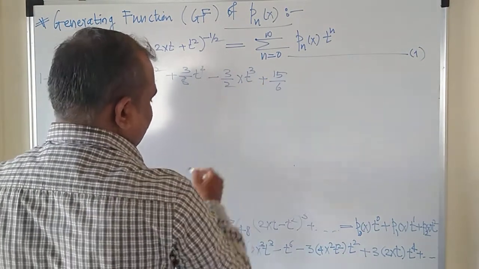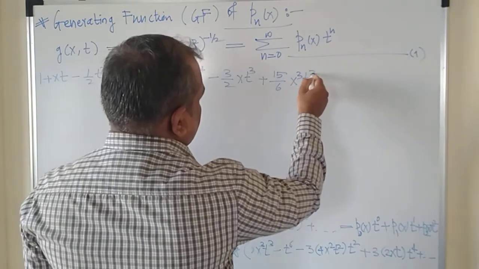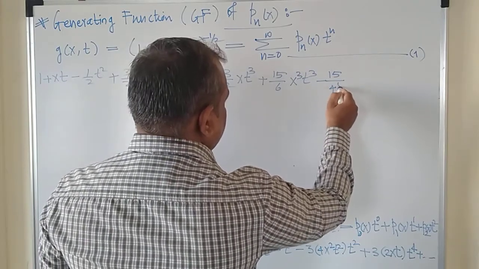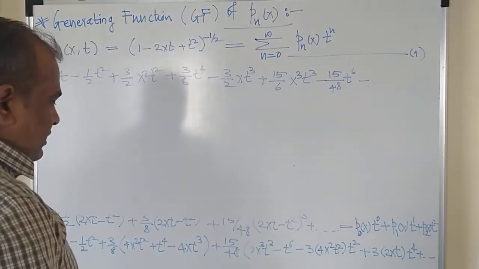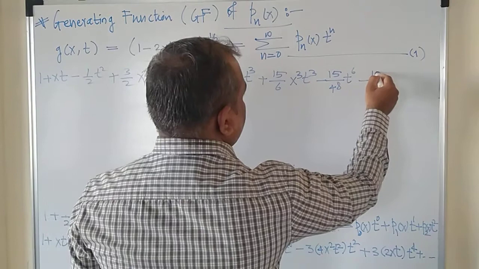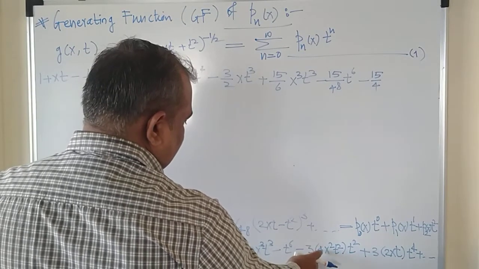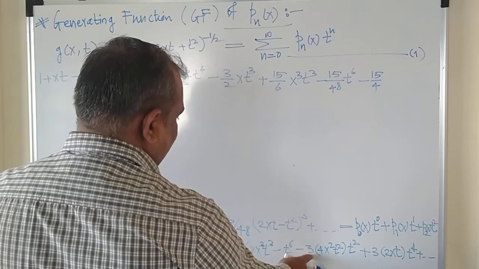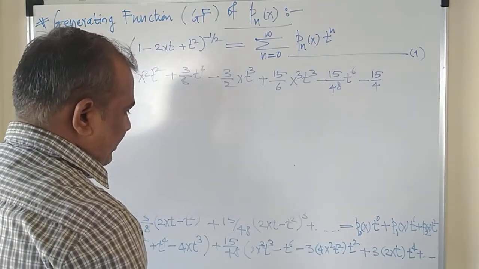So this will be 15 by 6 x cube t cube, minus 15 by 48 t raised to power 6, and minus 15 by 4, because 3 4s are 12 and 12 4s are 48, so minus 15 by 4 is okay. Minus 15 by 4 x square.